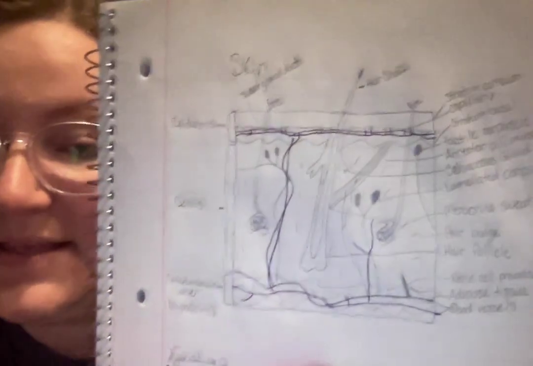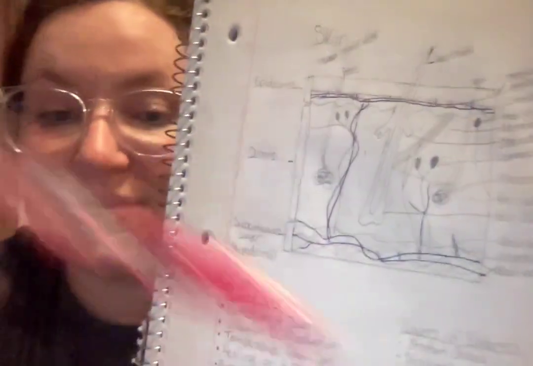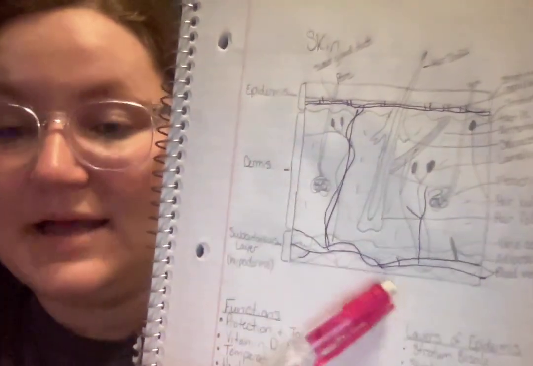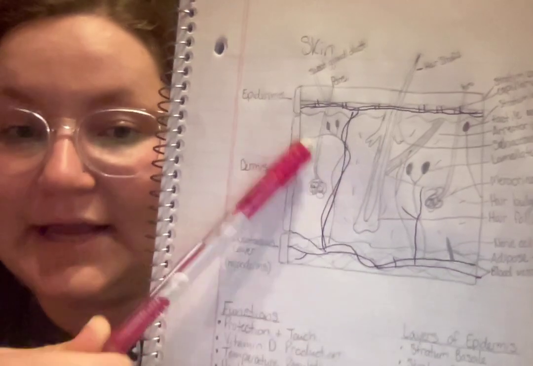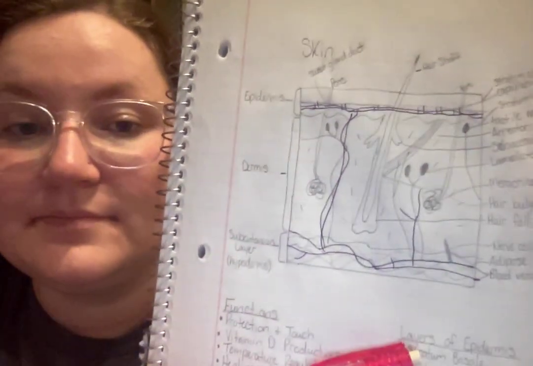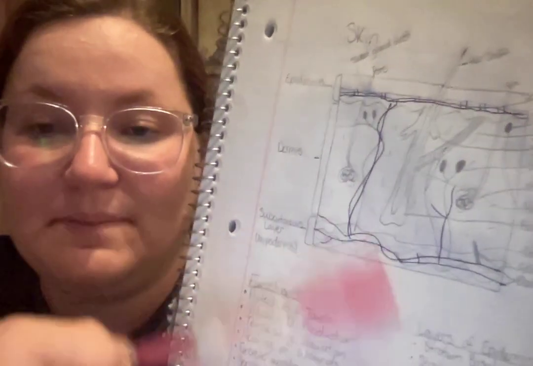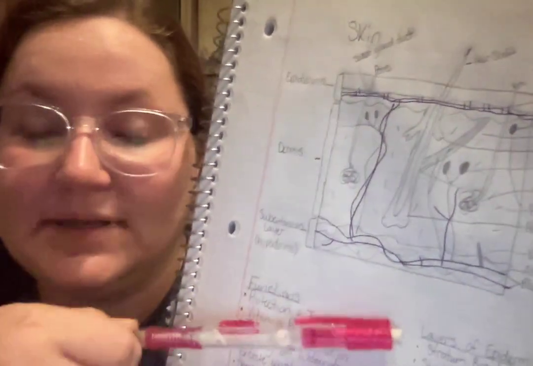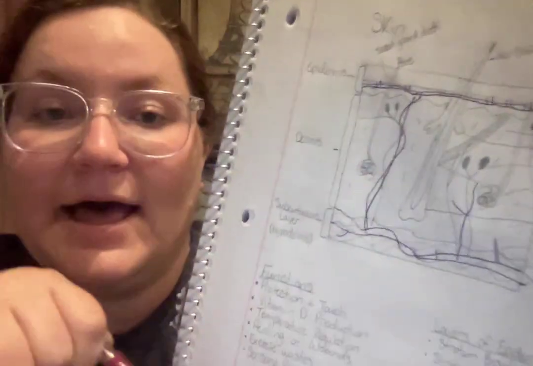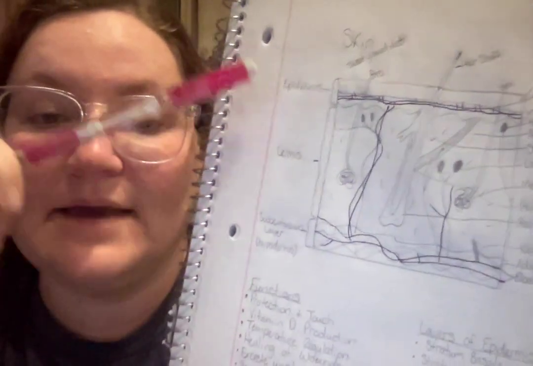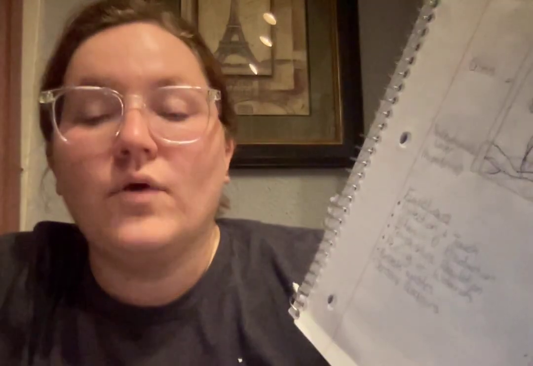This is where you can see the adipose tissue. This is where most of the blood vessels are, kind of just supplying that dermal layer with what it needs. It's kind of where insulation comes into play too, and it's what binds the skin to the underlying muscles.